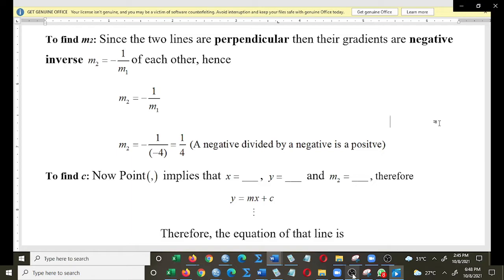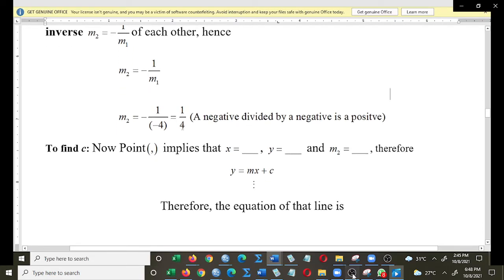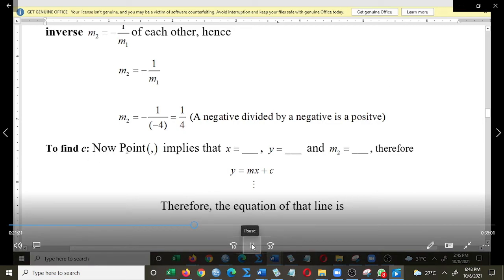Once you hear inverse, think 1 over. Inverse might mean something else somewhere else. In this course, college algebra 1, coordinate geometry, inverse means 1 over. So take note of that. Right. So we have our quarter, and then we have just found m.